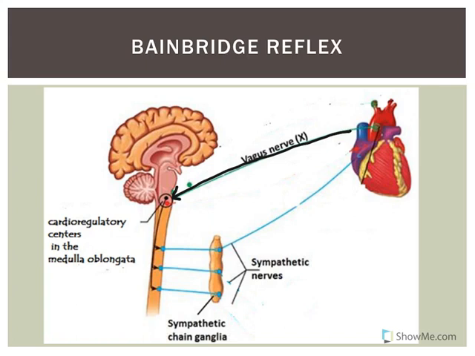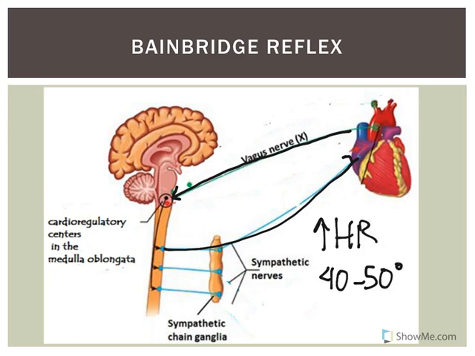We don't want things backing up. We need to get it out. We need to get heart rate up. And so the efferent information is going to be carried along the sympathetic nerves back to the SA node, and the ultimate effect is an increase in heart rate that's about 40 to 50% higher than rest.